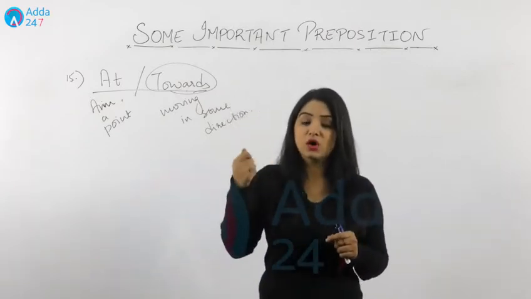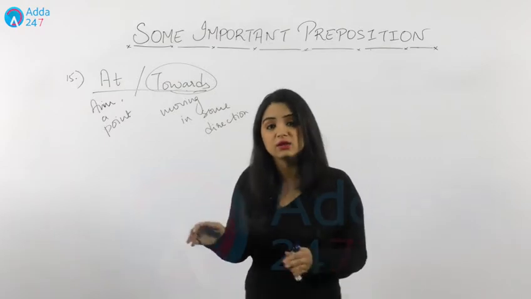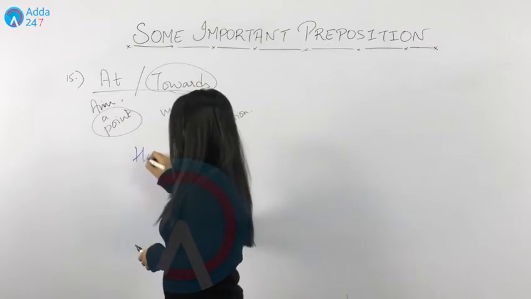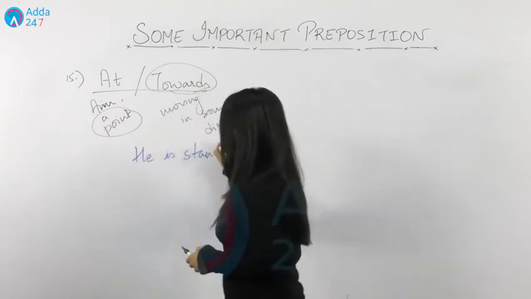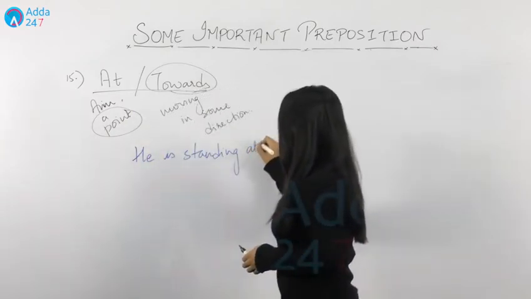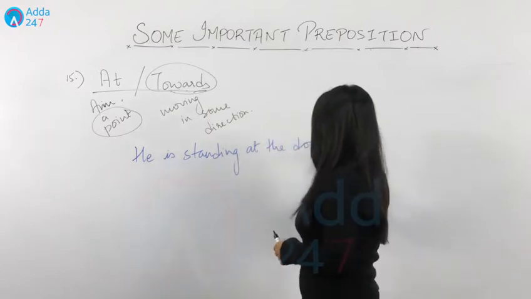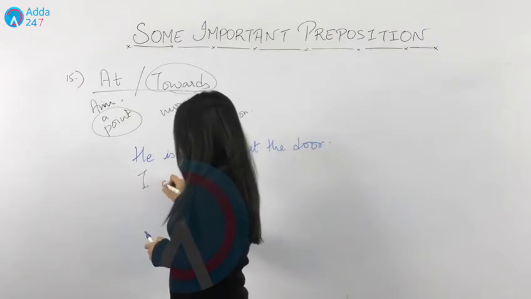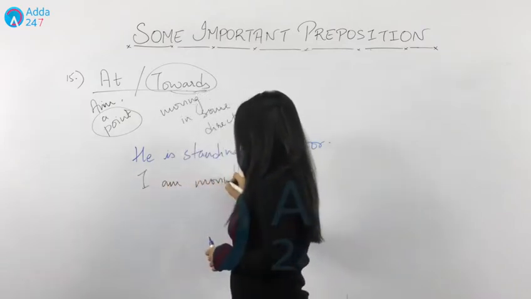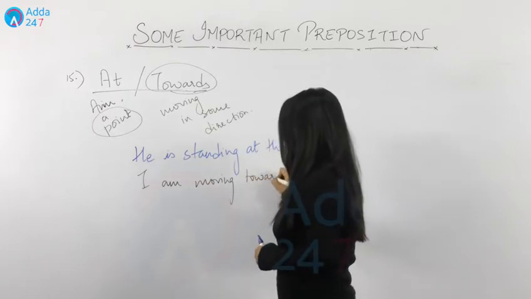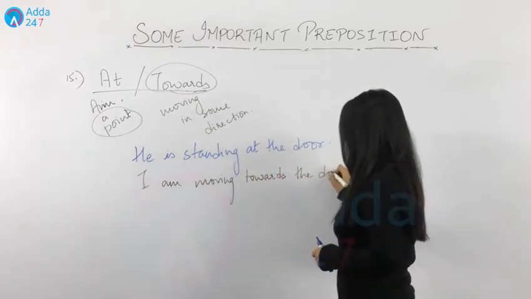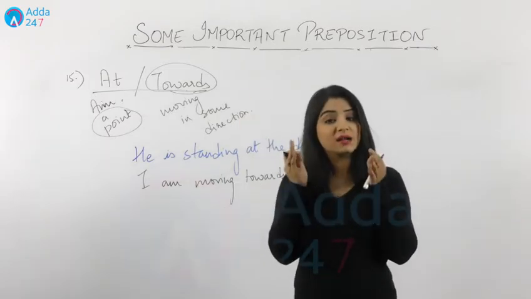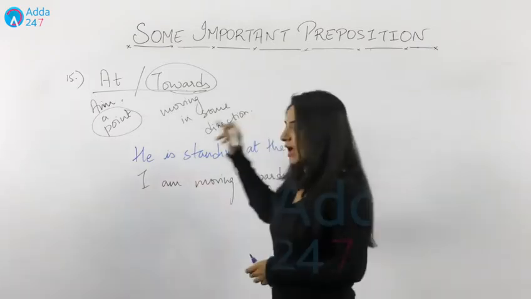But if someone is knocking the door, he is standing at the door. Fine. When we have a point, then what do we use? He is standing at the door. But if I say towards, I am moving towards the door. So when you are in movement, you use towards. When you are at a position, at a point, then you use at.